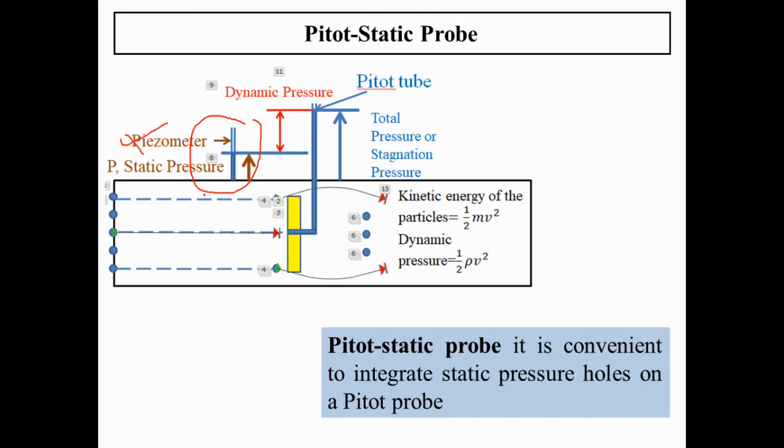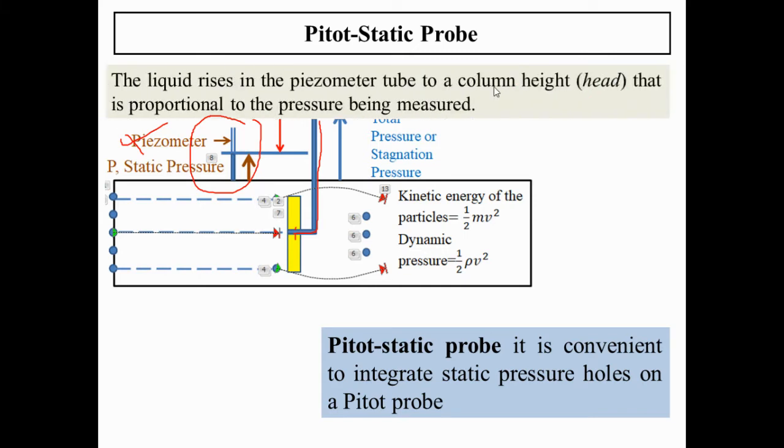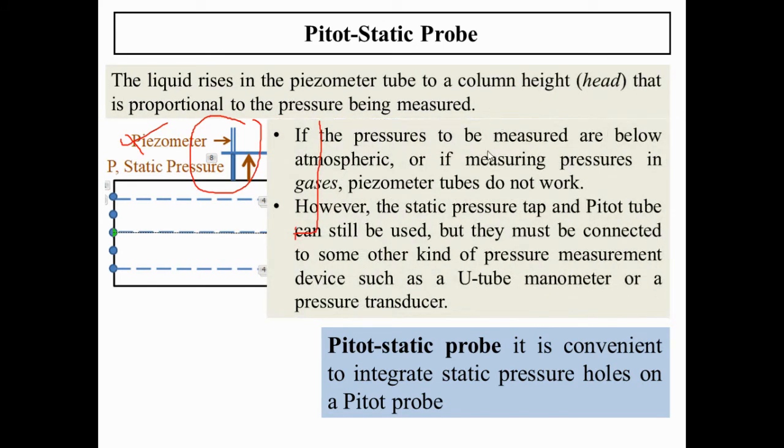So we have to think about a new device. We introduce small ports along the surface, around the circumference of the pitot tube, and connect those to the manometer sideways, so we can get the static pressure and stagnation pressure together in the same device.